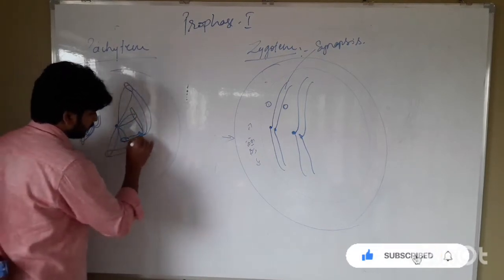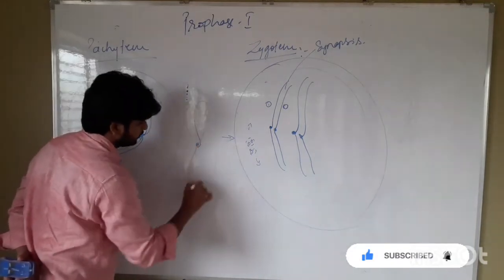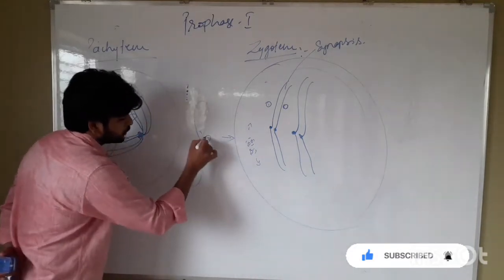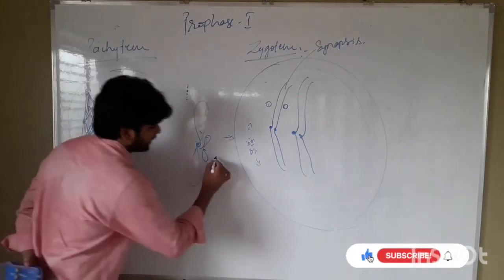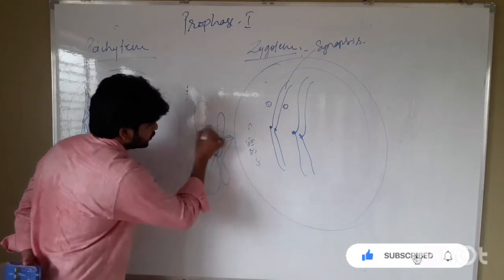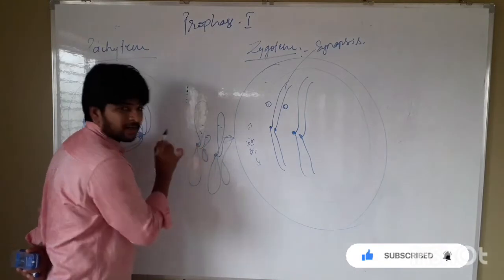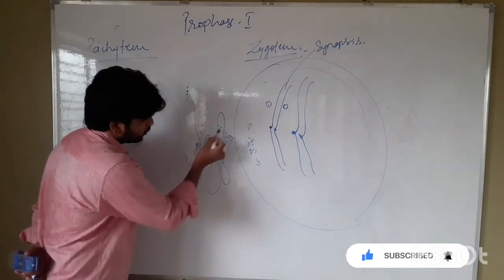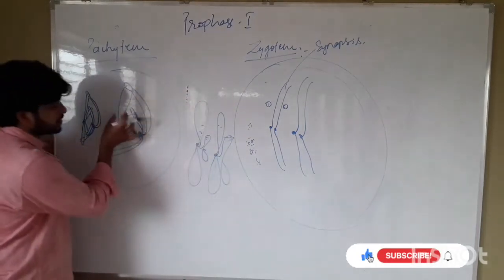What do I mean by genetic crossing over? If this is a chromosome, these two are called sister chromatids. In a paired homologous chromosome, these two chromatids are called non-sister chromatids.